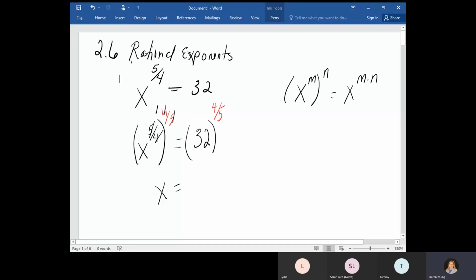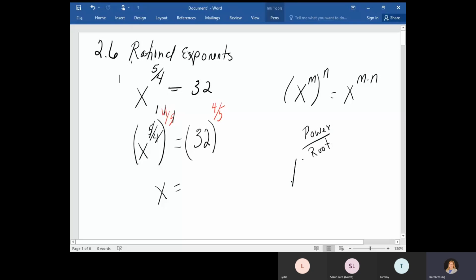And then if you remember back to a couple of weeks ago, when you have an exponent as a fraction, it's your power over your root. That's a fractional exponent.